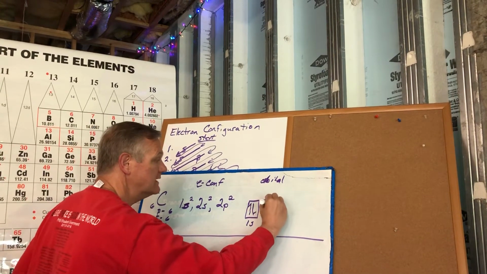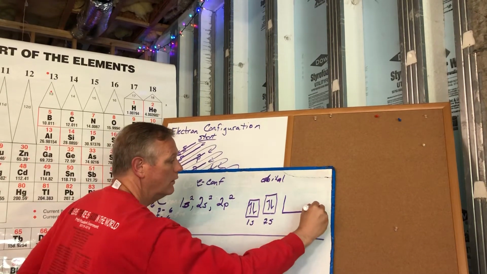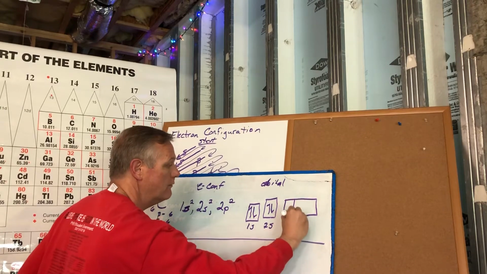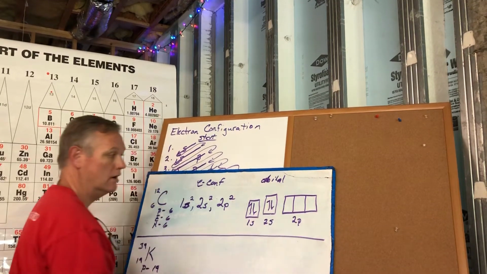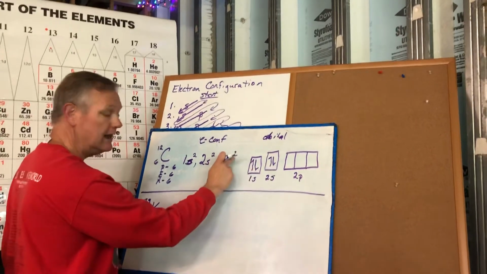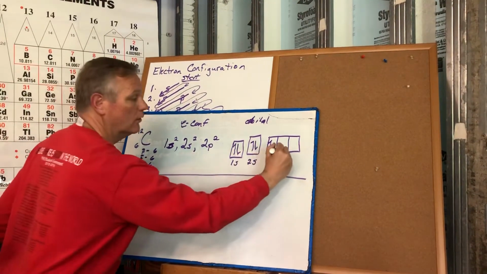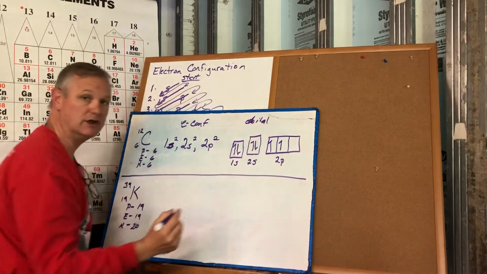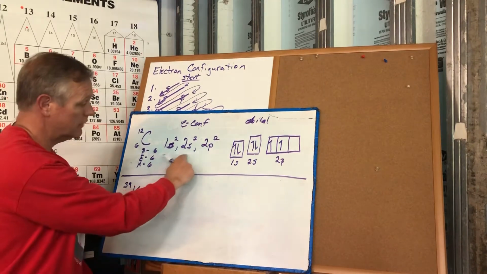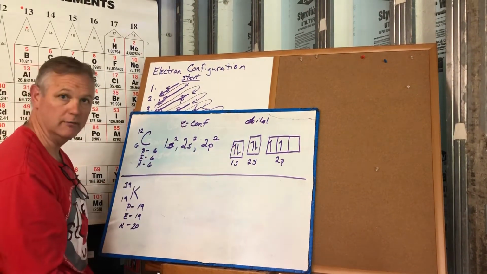And again, it's going to be full, and then finally we do the 2p. And remember, p is going to have 3 boxes in that p orbital. So we only need 2 electrons, so we don't fill them up. We're going to put 1 in each box. So this is going to be the electron configuration and the orbital diagram for carbon.